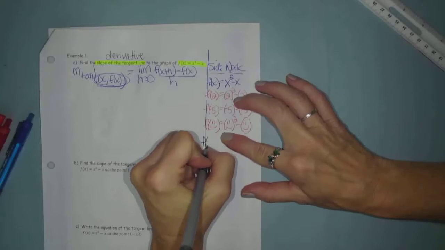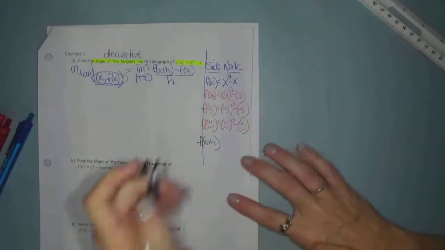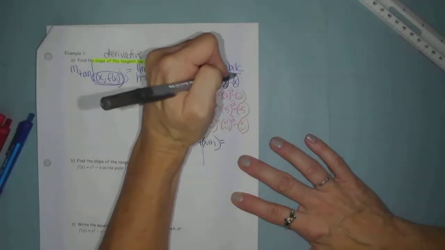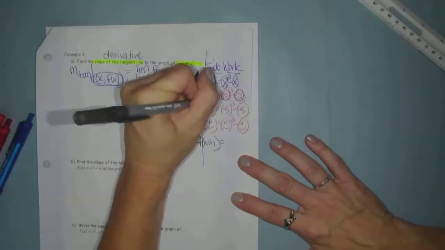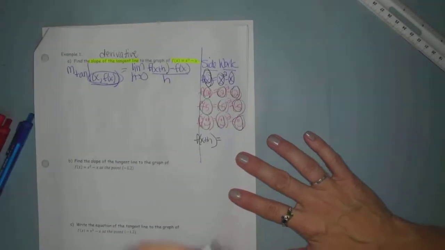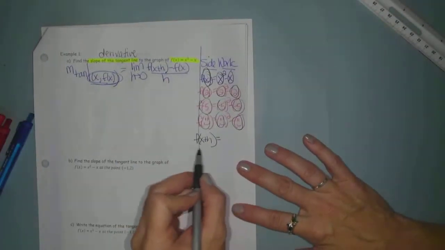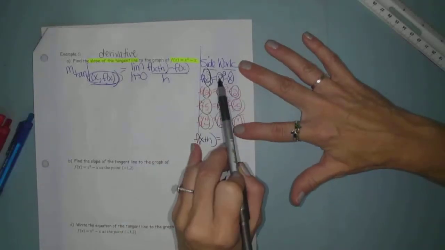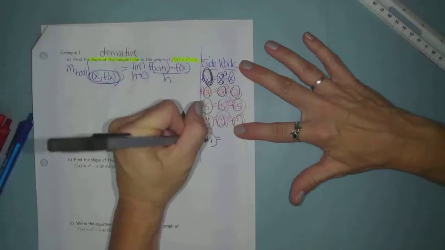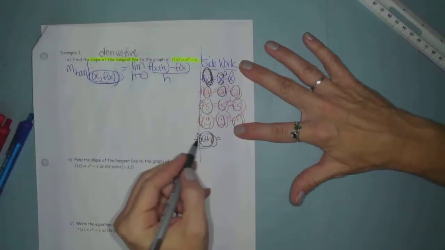So if I'm going to do f of x plus h, don't let this freak you out. Wherever x is, x, 2, 2, 2, negative 5, negative 5, negative 5, smiley face, smiley face, smiley face. Well, when you're doing f of x plus h, you're going to replace all the x's with x plus h's. You already did the first one. F of x became f of x plus h.